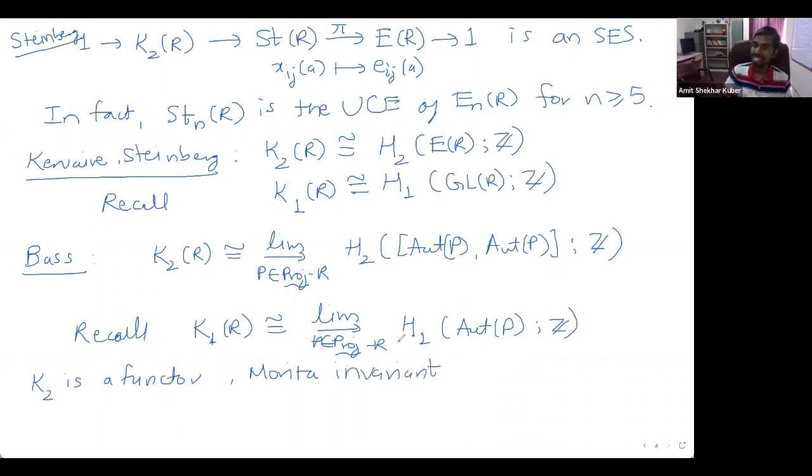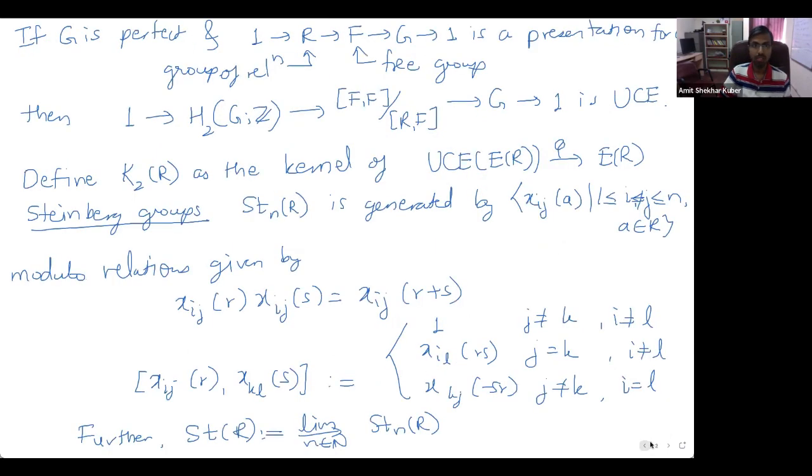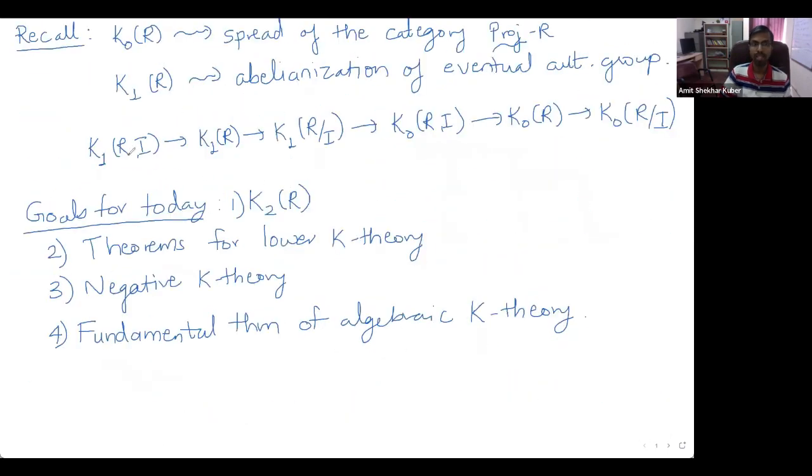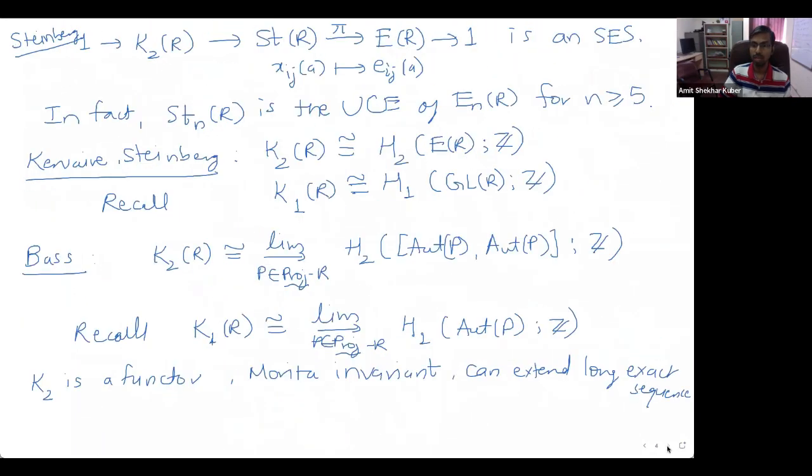Then you can extend the long exact sequence. Now we have a 9-term long exact sequence, which also consists of K2. The sequence on the first slide can be extended here with 3 more terms coming from K2, with exactly the same agenda. However, I will not show you any computations of this.